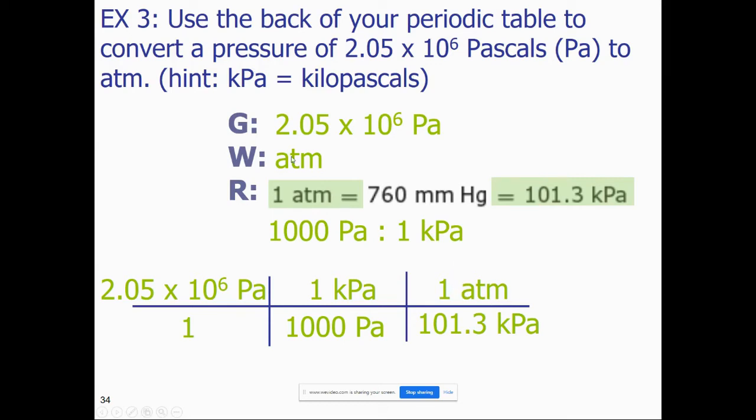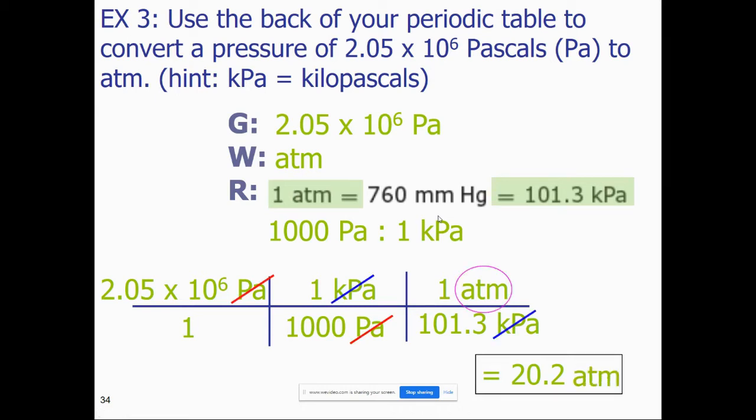What do we want? Atmosphere. Oh, we're done. Now you must enter this into your calculator. 2 sig figs. There's your answer. You need to remember how to enter scientific notation into your calculator. So, okay, let's do a few more examples.